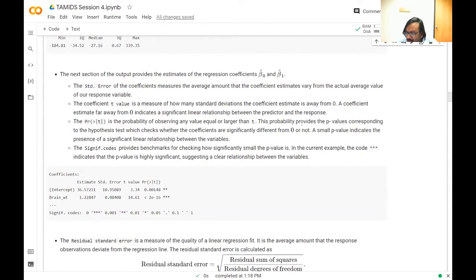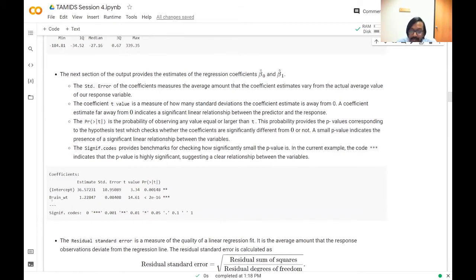This probability gives you the p-values corresponding to the hypothesis test, which checks if these estimates are significantly different from zero or not. So corresponding to the intercept term, a p-value of 0.00148 gives you the evidence on whether, in the presence of the predictor brain weight, the intercept term is zero or not.